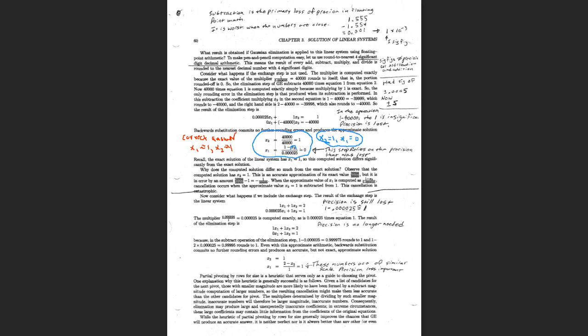Did using the smallest number as a pivot in the first column, the 0.000025, do a good job for us?